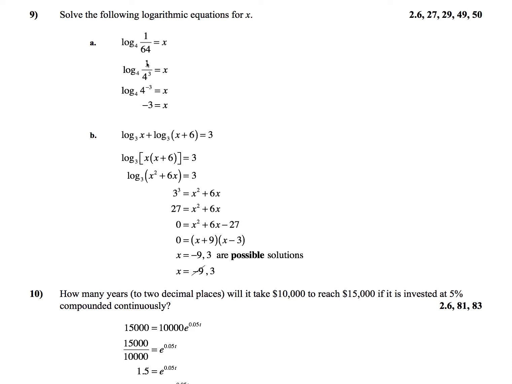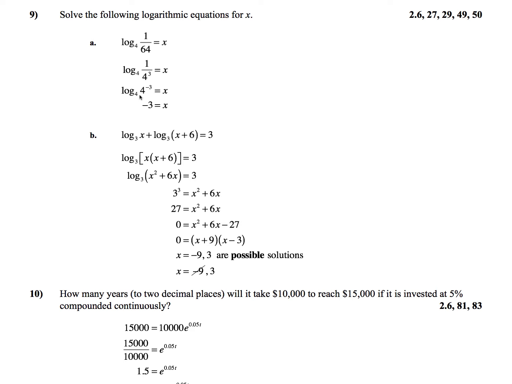So we write this 1 over 64 as 1 over 4 cubed. We use this property of negative exponents that says if we change the sign of this exponent and bring it to the numerator, that's the same as having it in the denominator with the positive exponent.